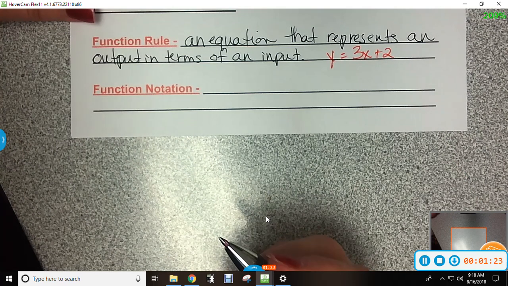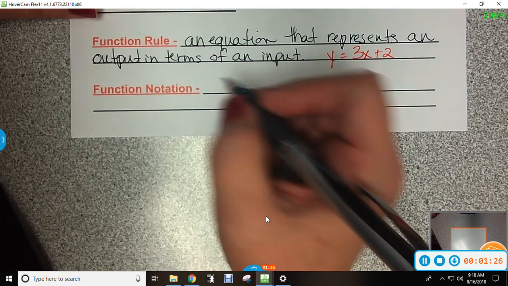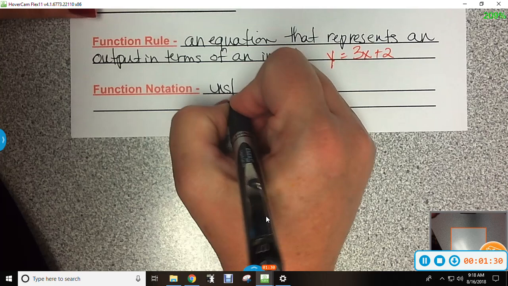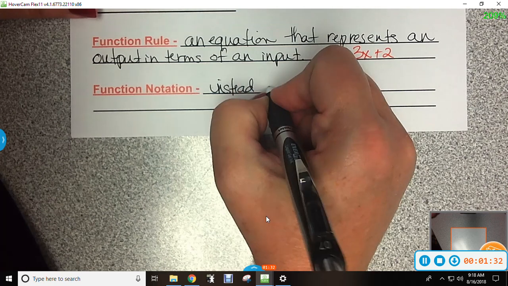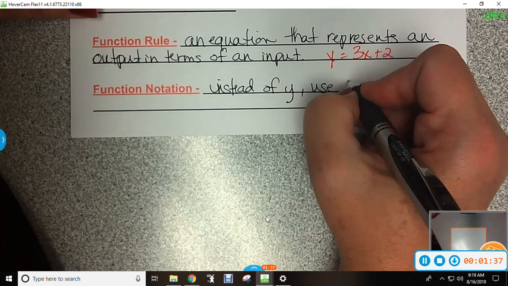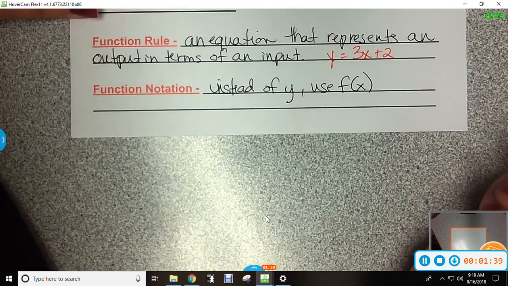Okay, function notation. Here, this is just getting technical. This is saying instead of y, they want you to use f of x.